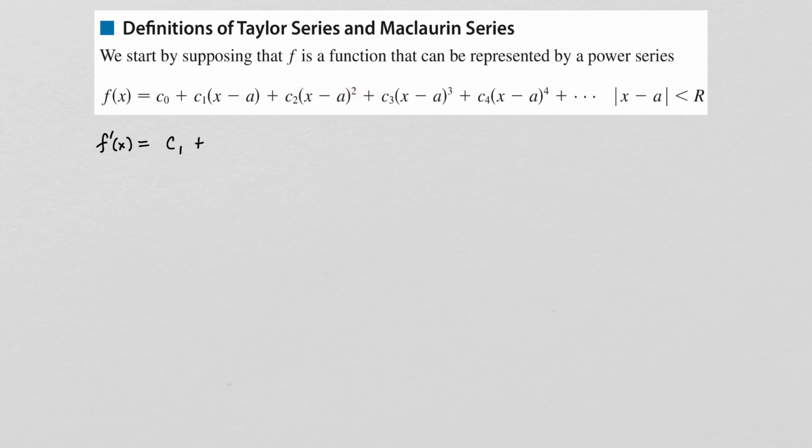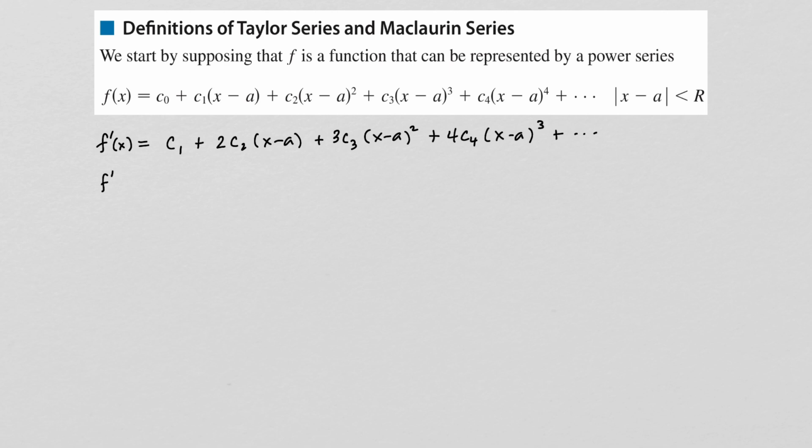We're going to bring the 2 down here, subtract 1 from the power, and the derivative of the inside is 1. The derivative of the next term will be 3 times c3 times x minus a to the second power. Derivative of the next term, etc.